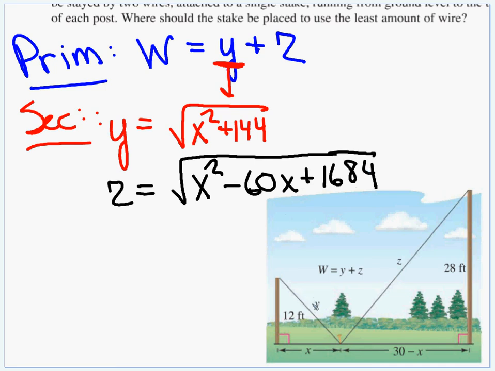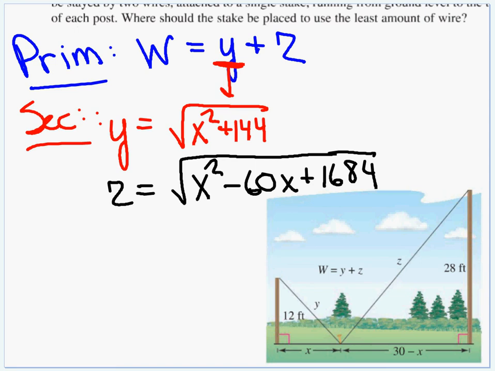So we've got our primary in blue, we've got our secondaries in red and black ink, and now I'm just going to take this y out, replace it with the red radical. I'm going to take this z out and replace it with the black radical.